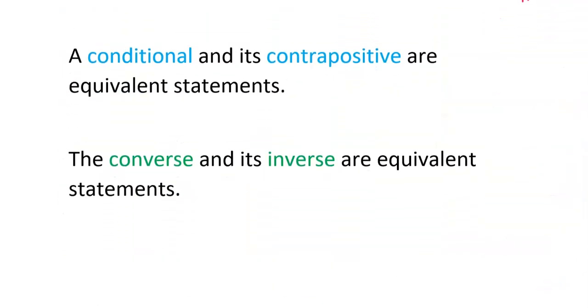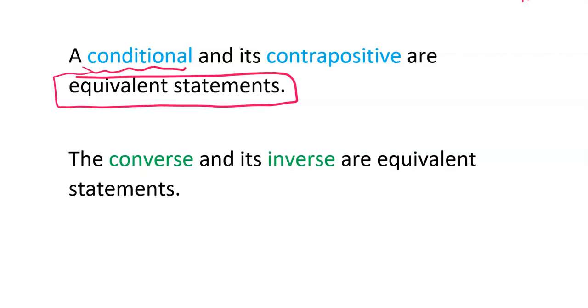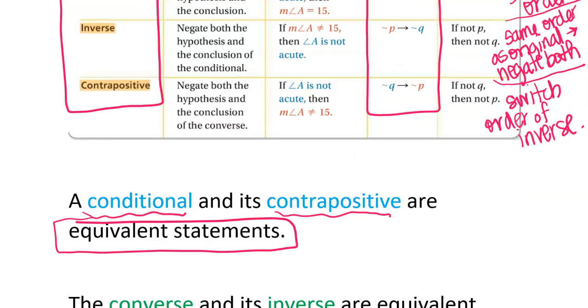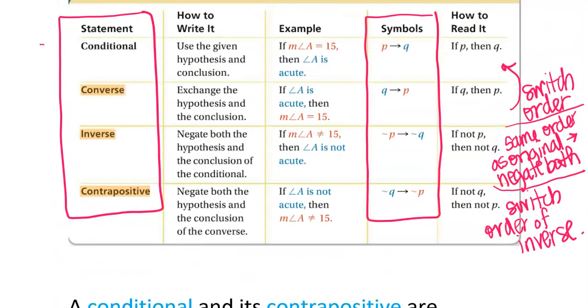Okay. A conditional and its contrapositive are equivalent statements. You need this. So equivalent statements, conditional, contrapositive. Okay, now let's look and see which ones those are. Okay, that's these two. Now I put, it's kind of like an equals with a third bar above it. That just means the truth values of those are going to be the same.